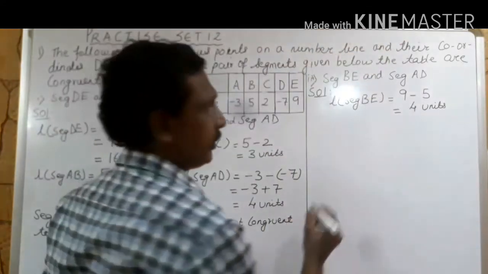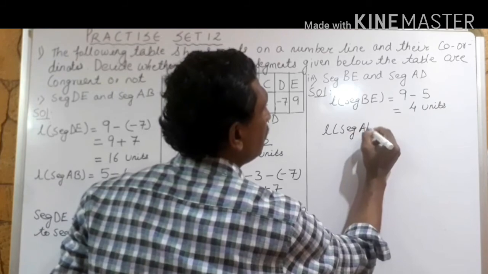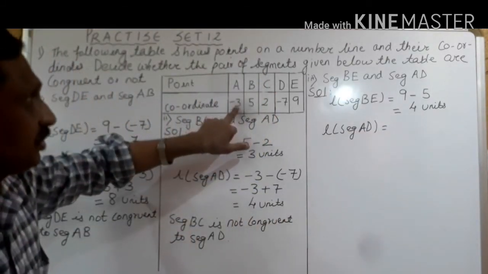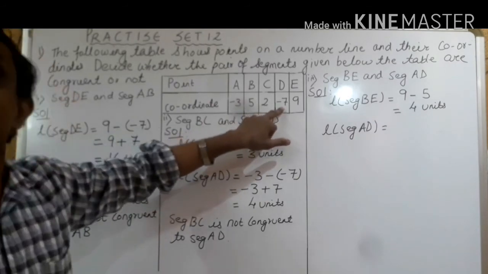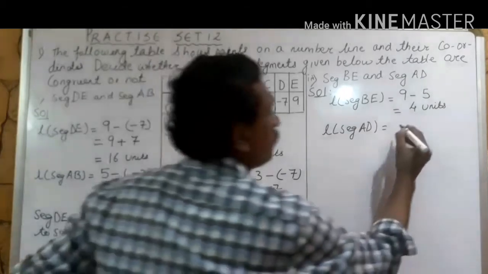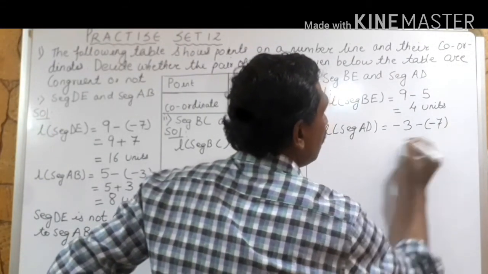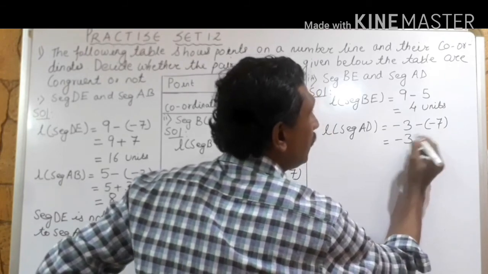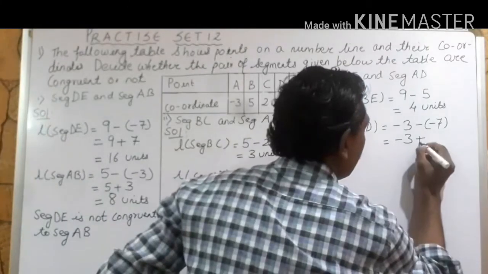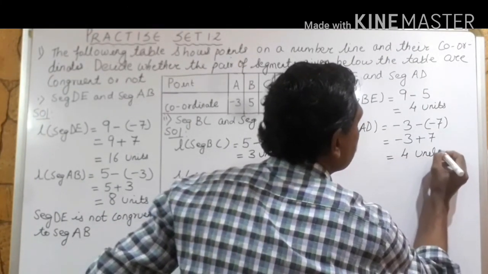Now let's take segment AD. Length of segment AD is equal to, what is the coordinate of A? Minus 3. What is the coordinate of D? Minus 7. So which is greater here? Minus 3. So minus 3 minus of minus 7, which is equal to minus 3. Minus into minus gives me plus, which is equal to 4 units.